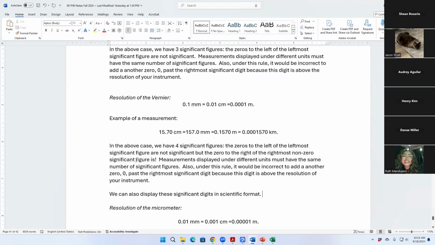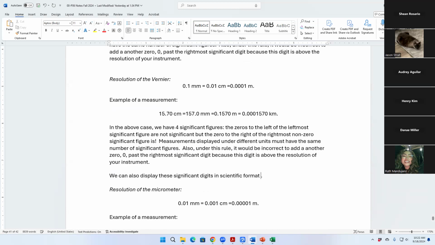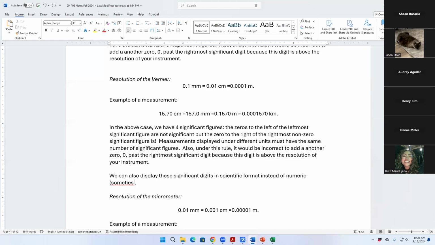Sometimes it's very convenient instead of numeric. Sometimes it is far more convenient to display a measurement in scientific format. And we are going to come across those instances.